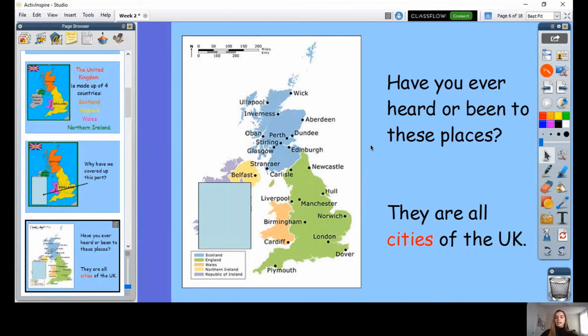Now we have a map of the United Kingdom, and here, rather than seeing the countries, we have lots of different places that I am going to name, and I want to see, have you heard of these names? Or even better, have you been to these places? Let's name a few on this map.